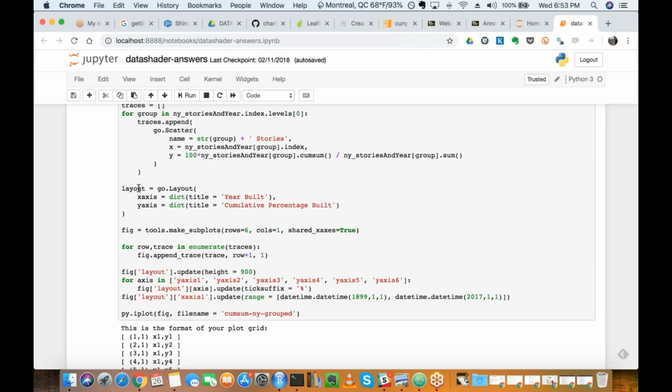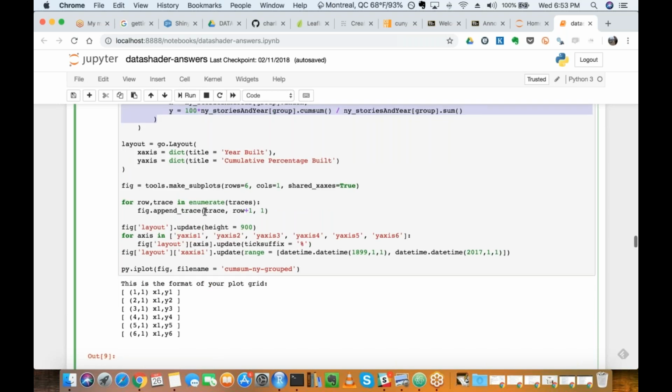It's more based on adding traces, with pros and cons to that. It makes it easier to make more custom graphs. But for something like this, you have to just loop through the data and add it to your traces.